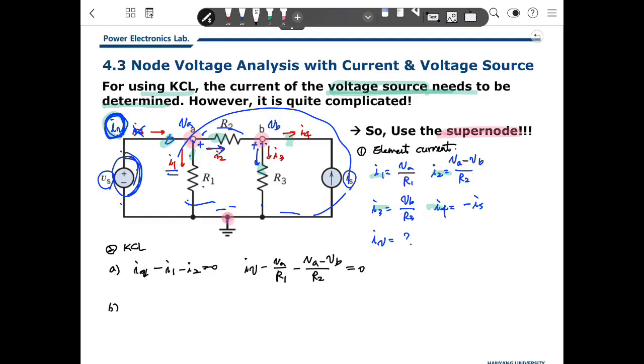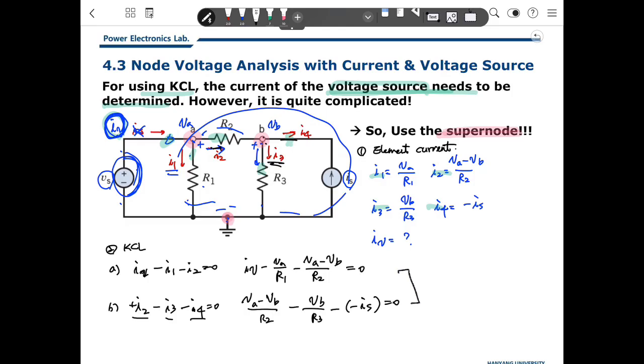Node B is here. Because I2 is going into node B, plus I2 minus I3 and minus I4 is 0. So (VA minus VB) over R2 minus VB over R3 minus I4 is 0.